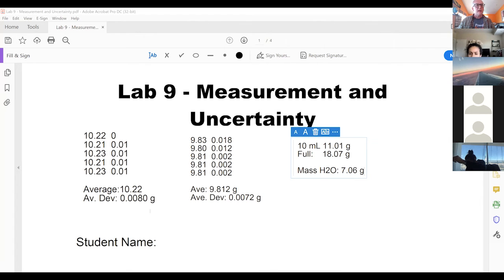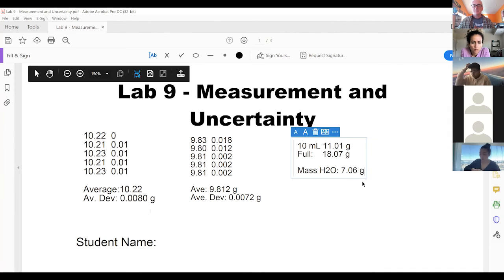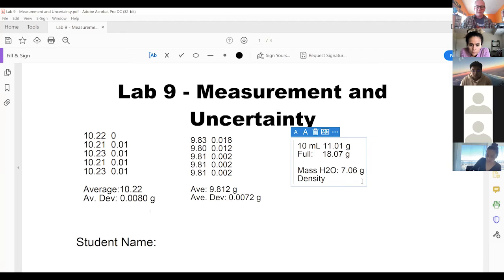And my density is, wow, that's pretty close to 1. My density is 0.9999 grams per mL.